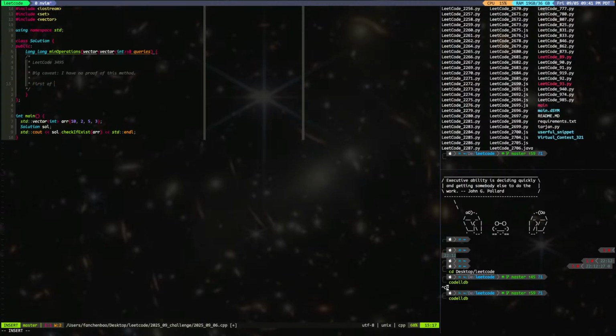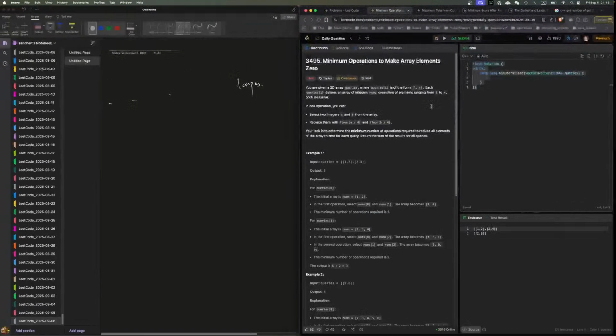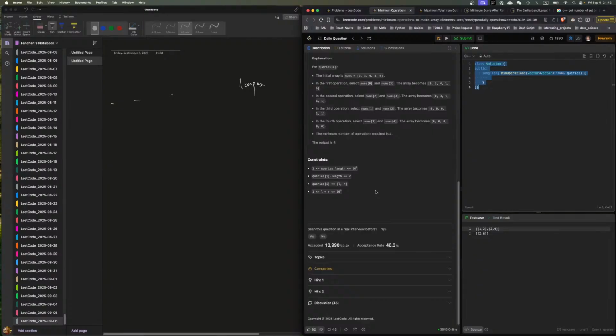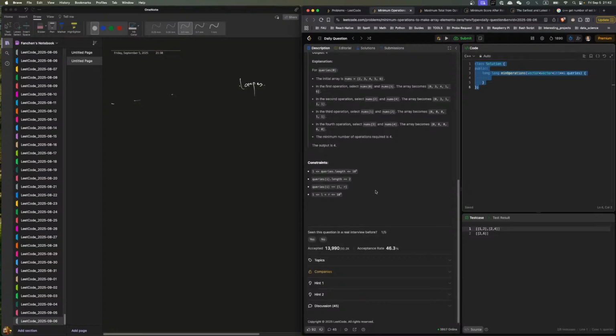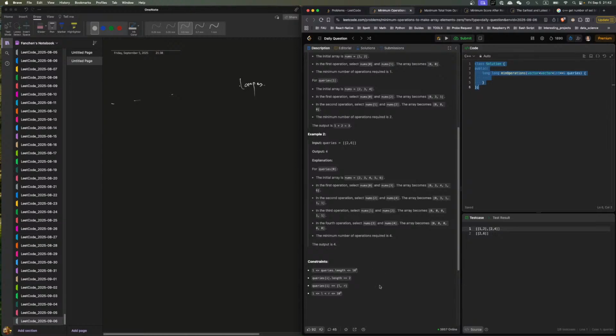First of all, we find the number of operations to reduce each value. Oh, how many queries do we have? Holy crap. It won't work. It will not work, because you can have gigantic numbers in between.